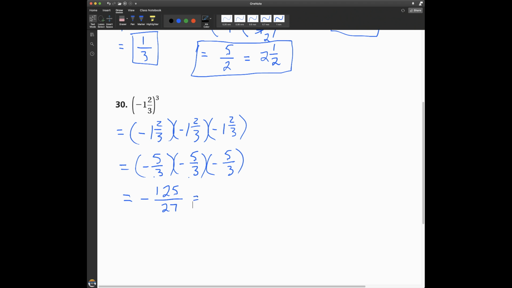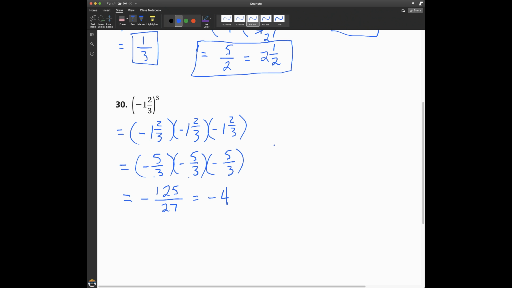And if you want to turn that into a mixed number, you go ahead and take 125 divided by 27, and you'll end up with a 4. Notice I'm keeping the negative in my answer. Let's see, 27 times 4 is 108.